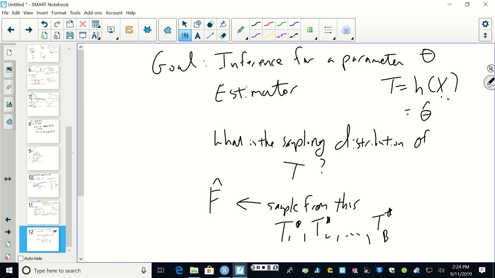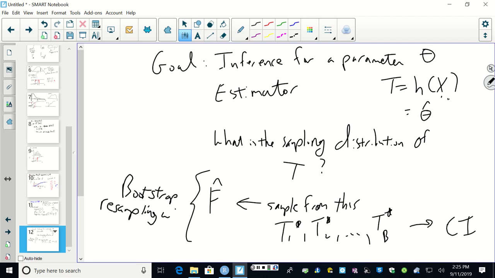Right? And turn that into a confidence interval or percentile interval. This process, the bootstrap, resampling with replacement, essentially implements that approximation for us. So we can get intervals.